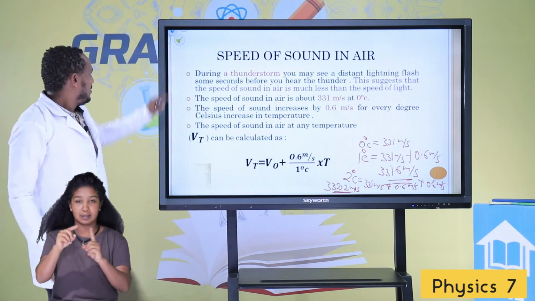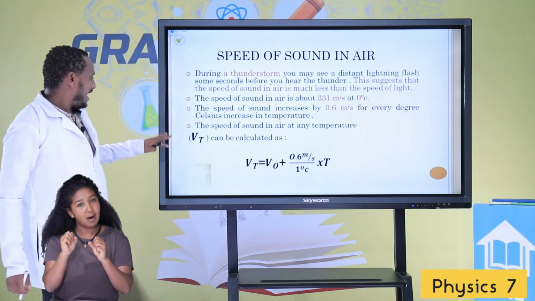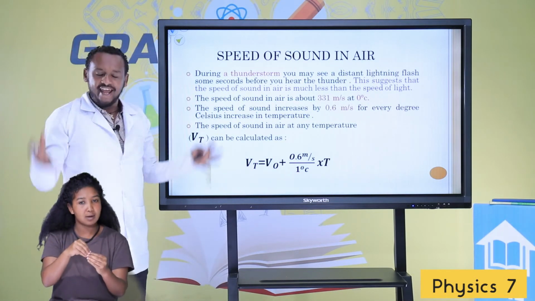So we can calculate the speed of sound at any temperature.